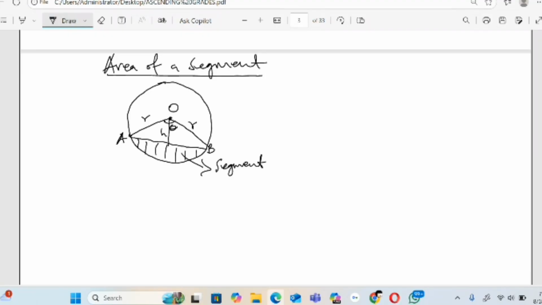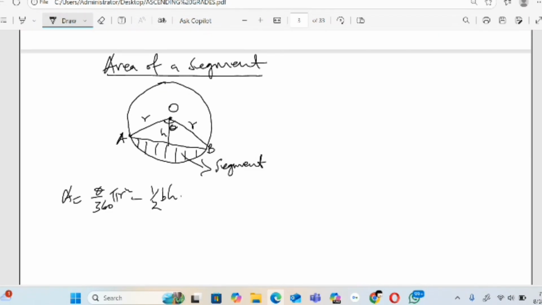To find the area of this segment, the area of the segment is given by the area of the minor sector minus the area of the triangle. The minor sector's area is given by theta over 360 pi r squared, minus the area of the triangle, which is a half base times height, or a half AB sin theta, depending on the values given.